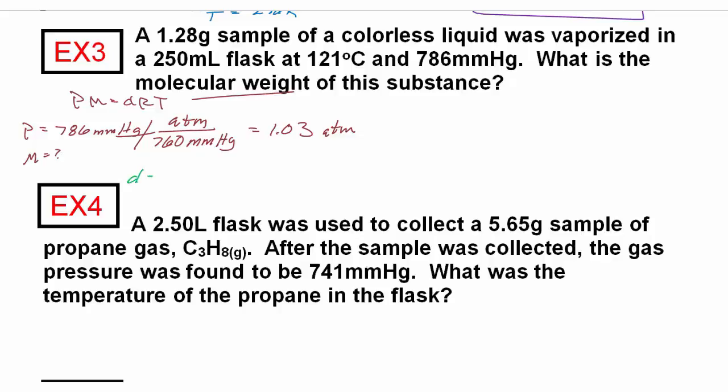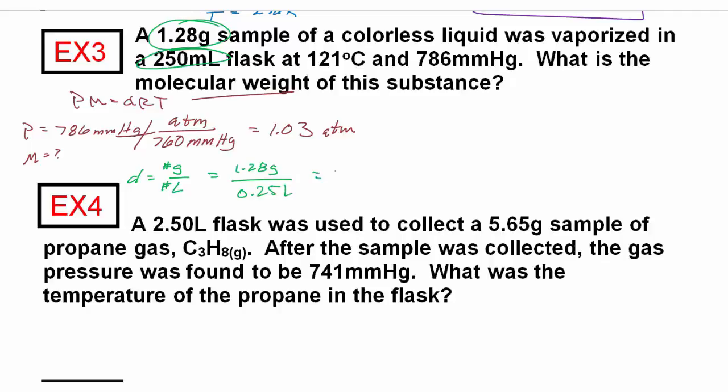How about D? D is grams per liter, right? So just divide the grams by the liters, and you'll have grams over liters. Here's the grams. Here's the liters. 1.28 grams divided by 0.25 liters.